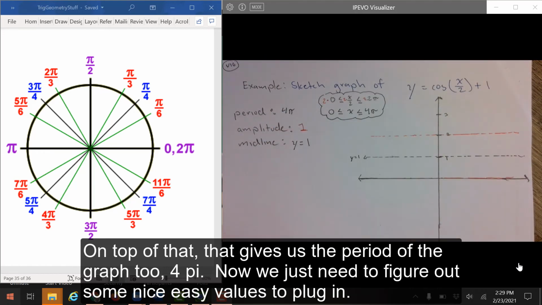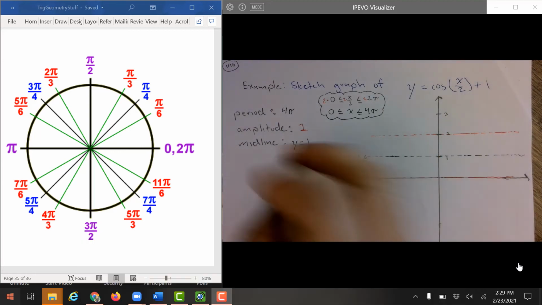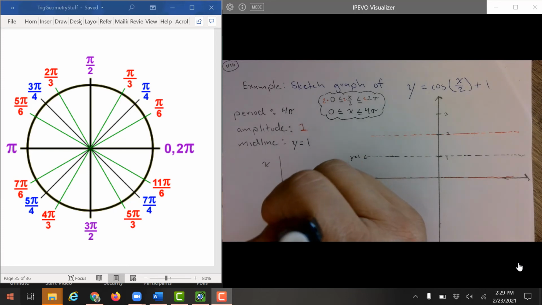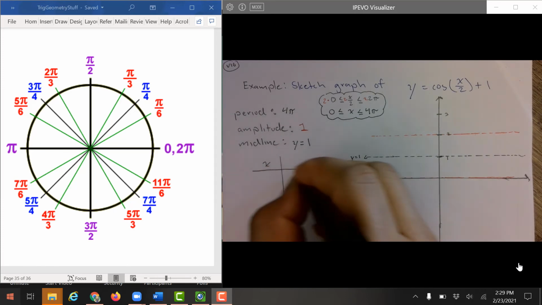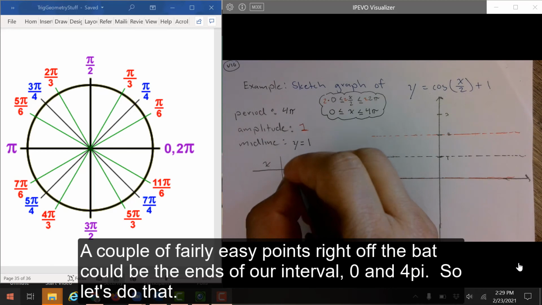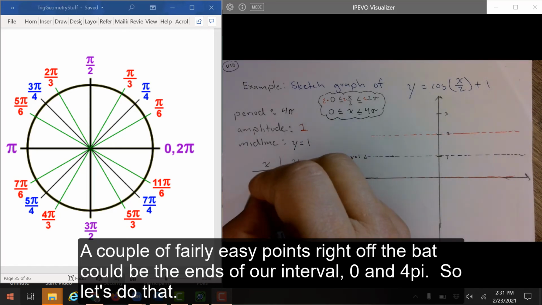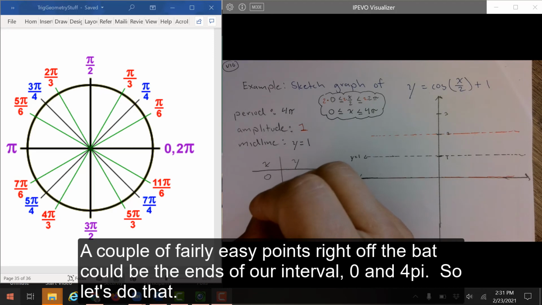Now we just need to figure out some nice, easy values to plug in. A couple of fairly easy points right off the bat could be the ends of our interval, 0 and 4 pi. So let's do that.